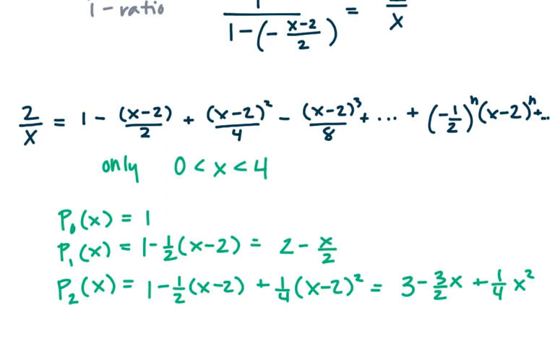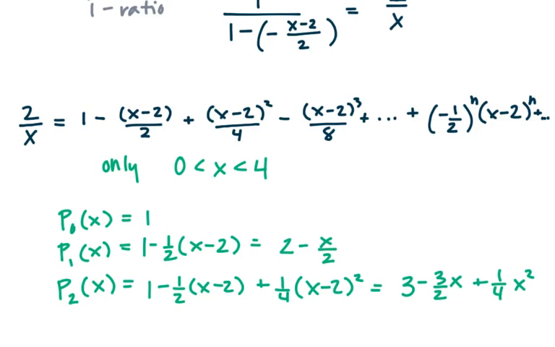So what we are saying here is as I put more terms in this polynomial, for any x value that's between 0 and 4, I'm going to be able to get a close approximation to the sum of the series.